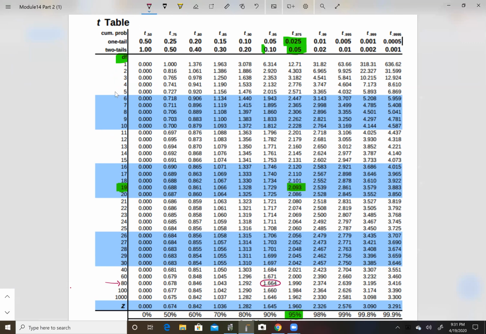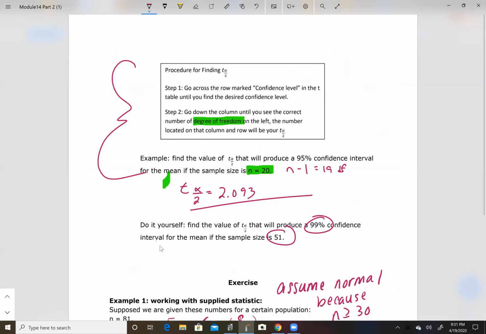Our degree of freedom is 50, but it's not on the table, so we need to find the closest lower one, which is 40, because we want to give as high a margin of error as we can. So for 99%, that's 2.704.